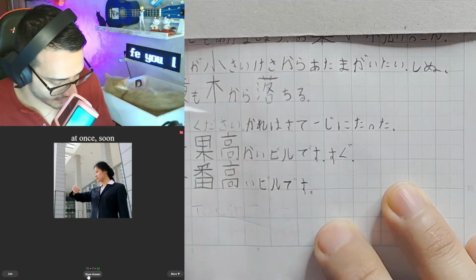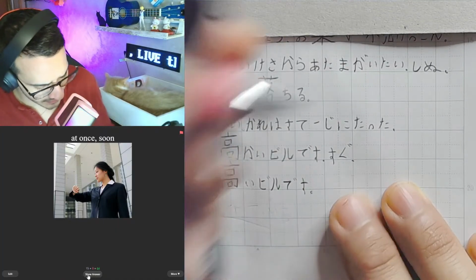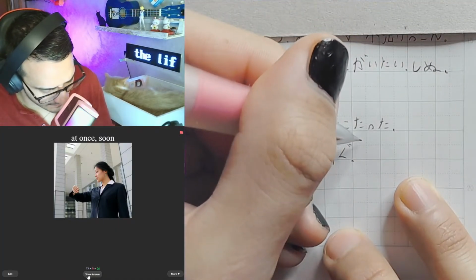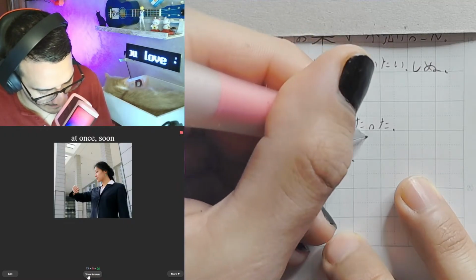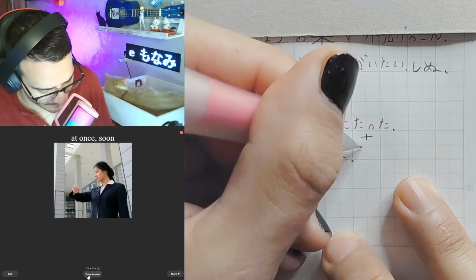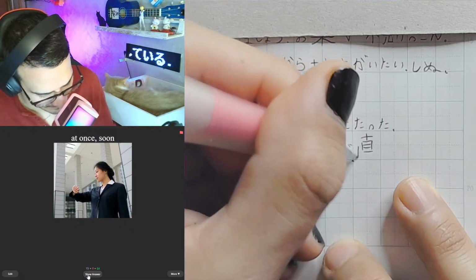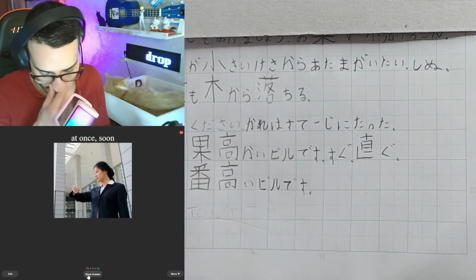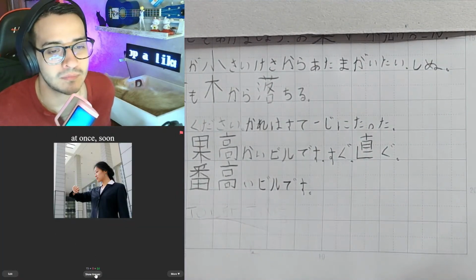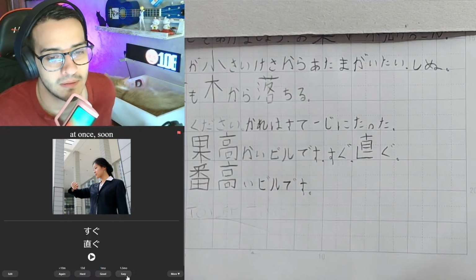So you will often find it in hiragana, but there is a kanji for it actually, which is very similar to the oku kanji. So we have the 10 eyes plus this, sugu. At once. Easy.